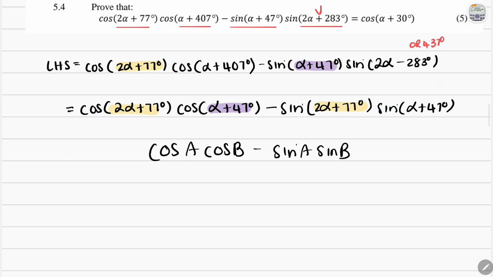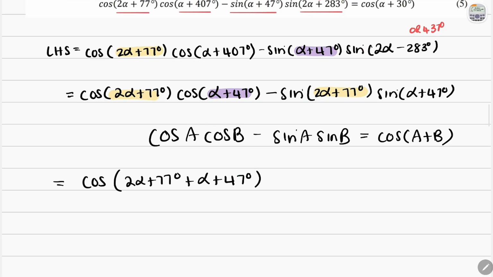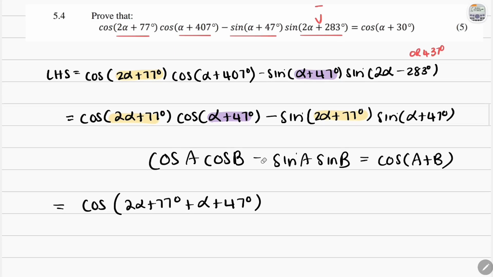In the same way that this would simplify to cos(A plus B), because we had a minus, this should also simplify to cos, and then our first angle is 2 alpha plus 77 degrees plus alpha plus 47 degrees. So with this, now we start seeing a problem because they used minus here.